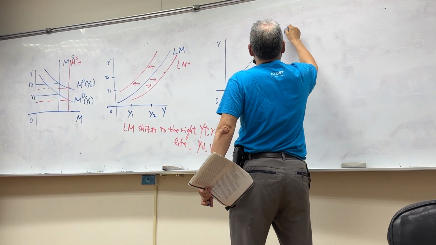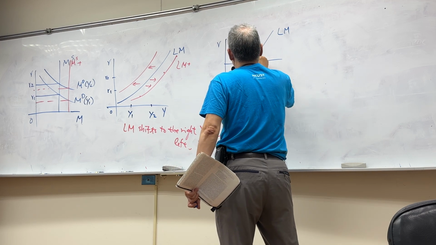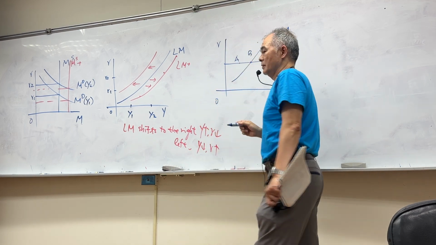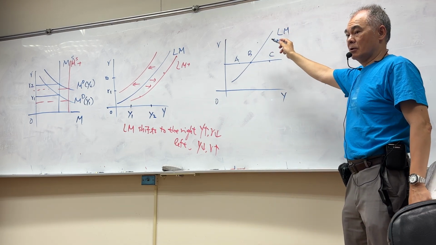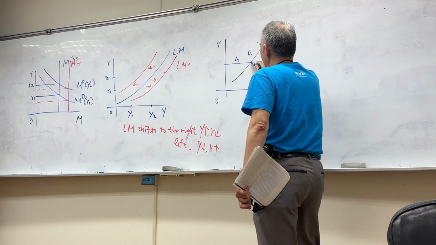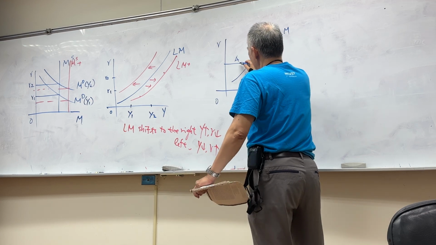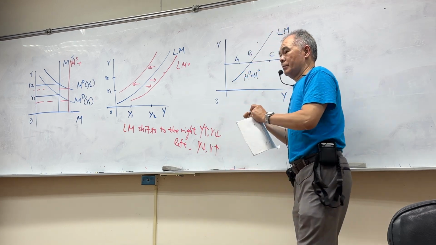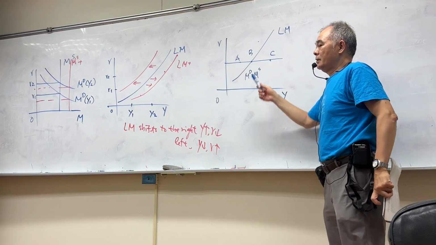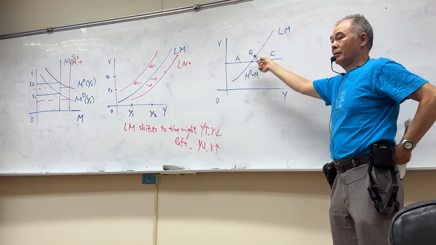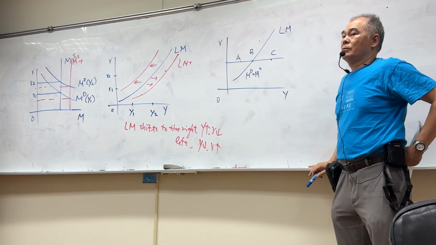And the same thing, you have points A, B, and C. And at this point, of course, because it's on the LM curve, money demand is equal to money supply, MD equals MS. So now look at A, B, and C. B, because it's on the LM curve, has money demand equal to money supply. What about here, C? Which one is larger?